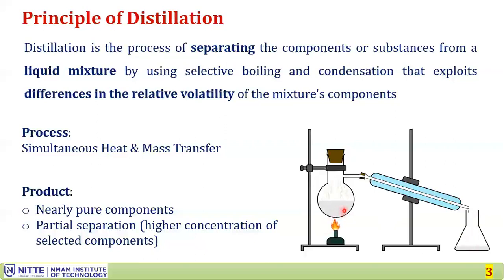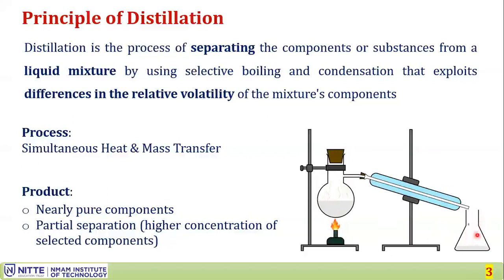That means the highly volatile component, or the more volatile component, will be coming into the distillate. Along with that, the other component, which you label as the less volatile component, also comes. So there will be separation, but it's not 100% pure.